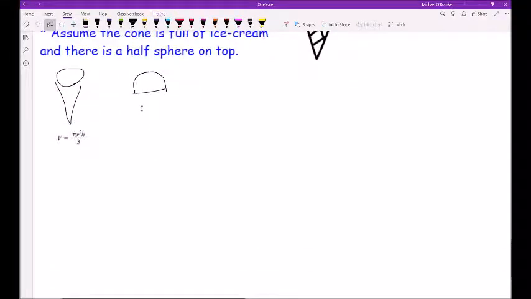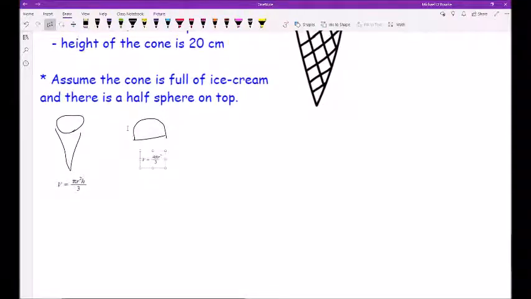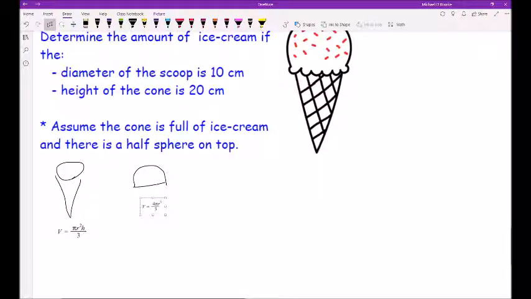I'll bring that down. Good. So Alex says we're going to add them together. Okay? Does that make sense? Assuming we can fill a cone perfectly up. Think of it like one of those drumsticks where we can fill it up. So we're going to add together.